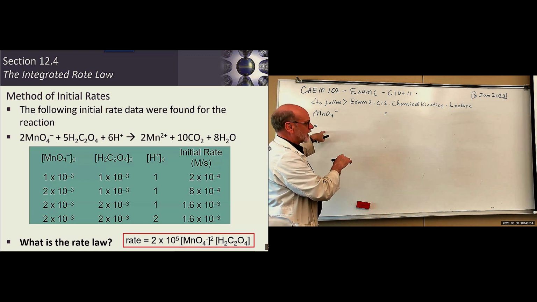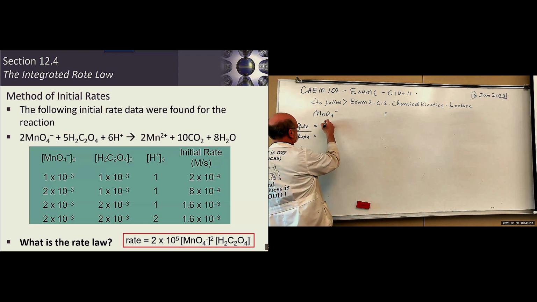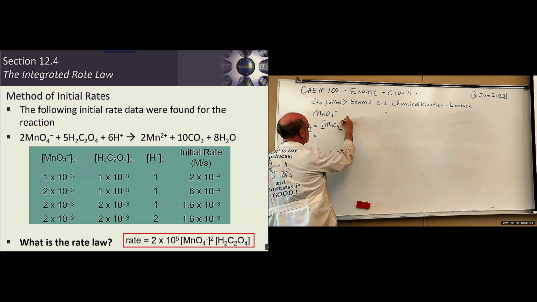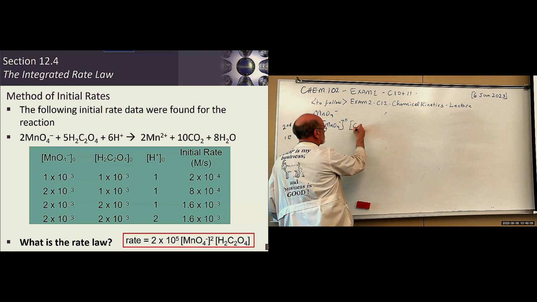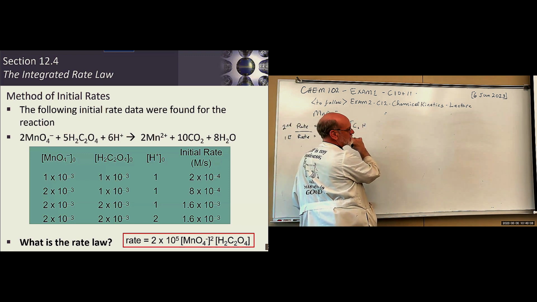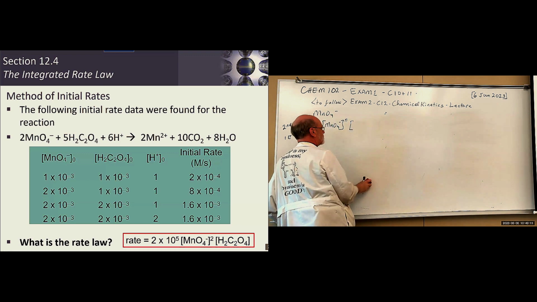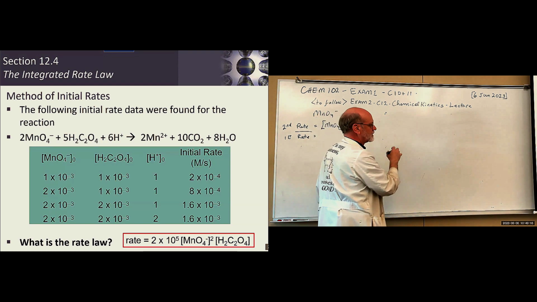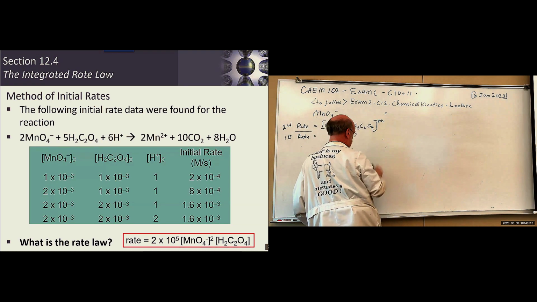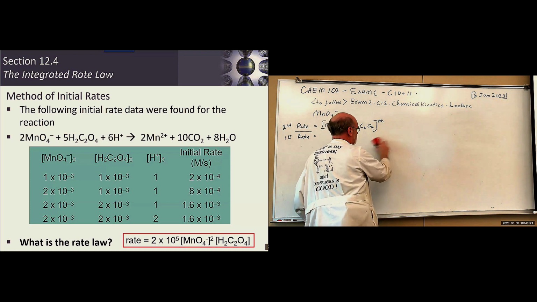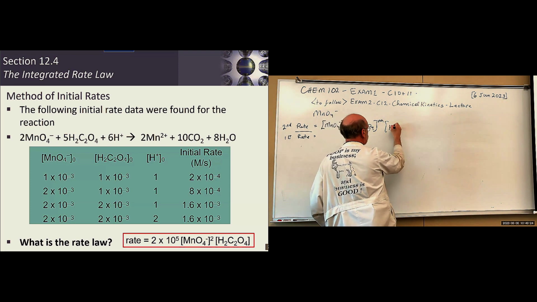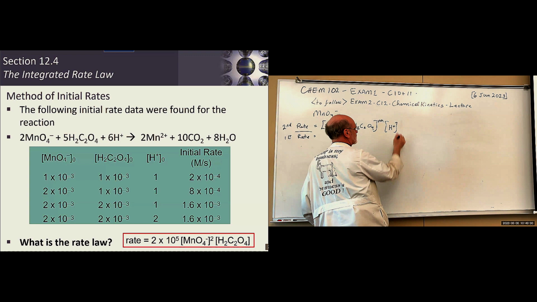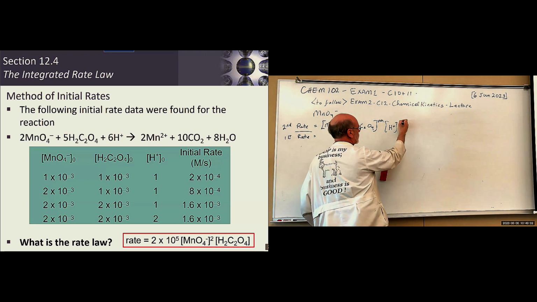So for this one, what's the rate law here? Well, the rate law is going to be MnO4 minus to the n power, and then H2C2O4 to the m power, and then hydrogen ions to the, well, I shouldn't do O, that could be a mistake, to the P power.